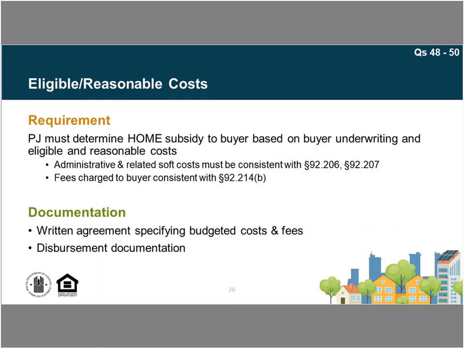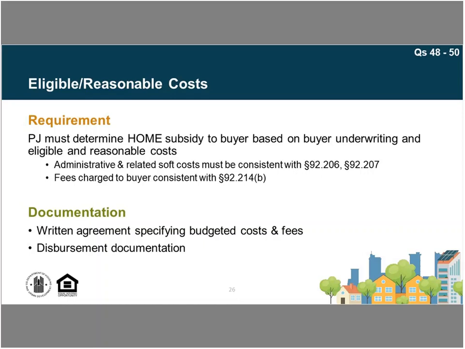You may also charge them for the homebuyer counseling, although there are other ways that you can pay for it as well, but you are permitted to charge them for the counseling that they receive. Other fees are probably not going to be eligible, and you need to look carefully at 214(b) to make certain you're in compliance with that.